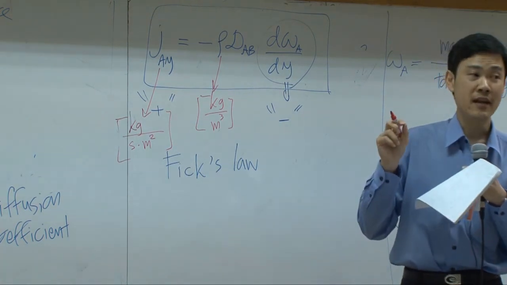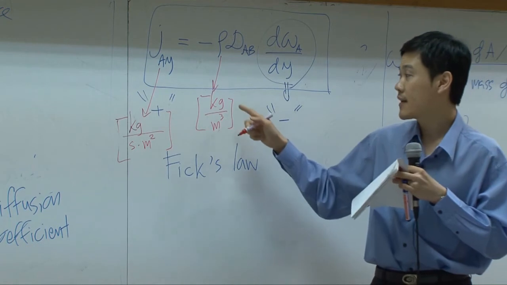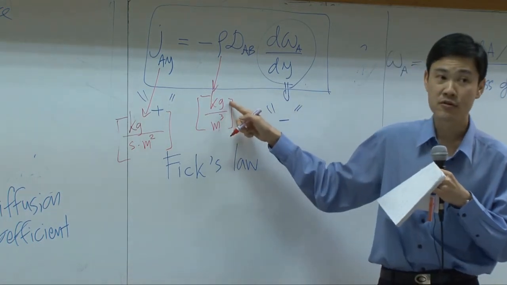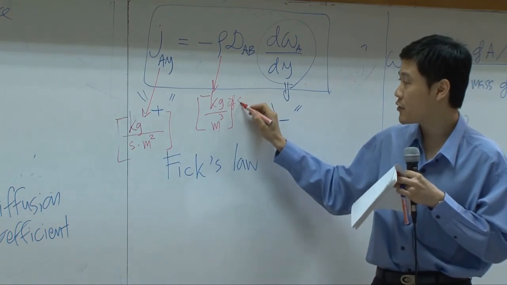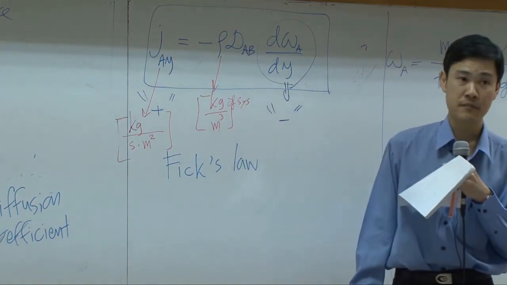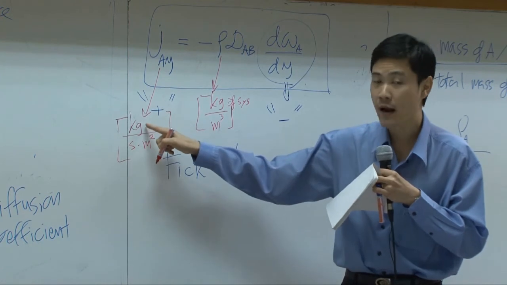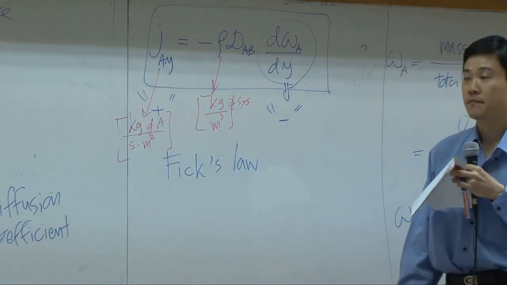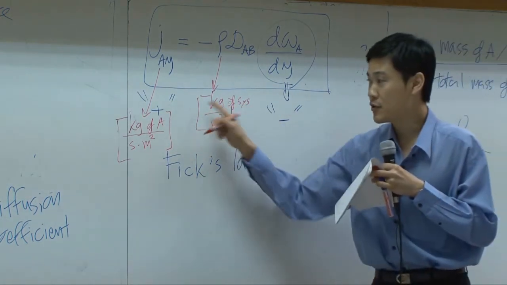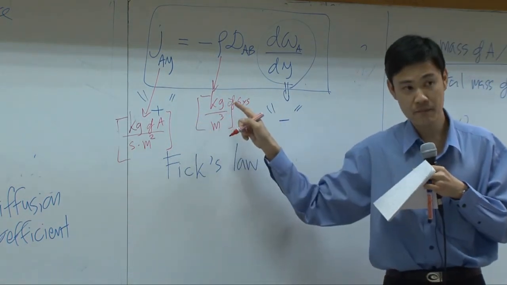If you look closely, the kilogram here is kilogram of everything, kilogram of your system. On the other hand, the kilogram there is kilogram of A. So these two units are not the same.